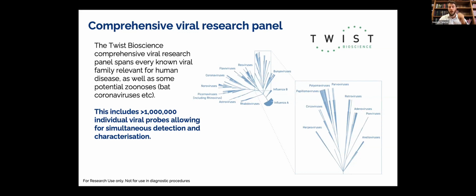Altogether, this panel represents more than 1 million individual probes that each target a virus sequence, and allows for some really broad detection potential from a sample. If you expect there's a virus in a human sample, this panel should be able to enrich it and allow you to sequence it to a great deal more depth than you would if you were just doing traditional shotgun metagenomics.